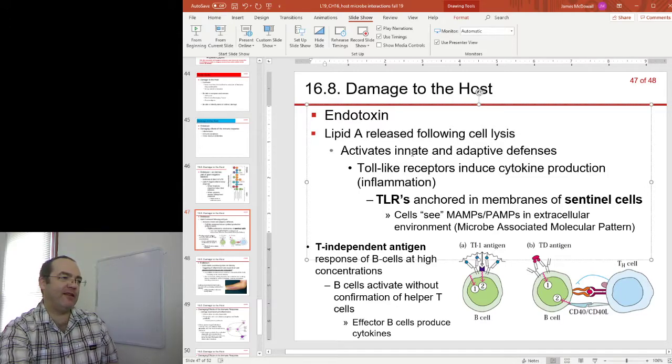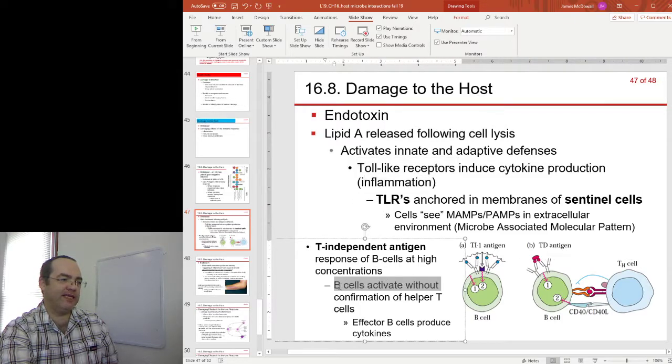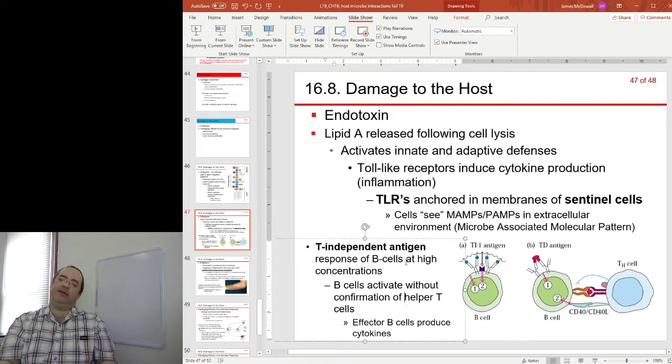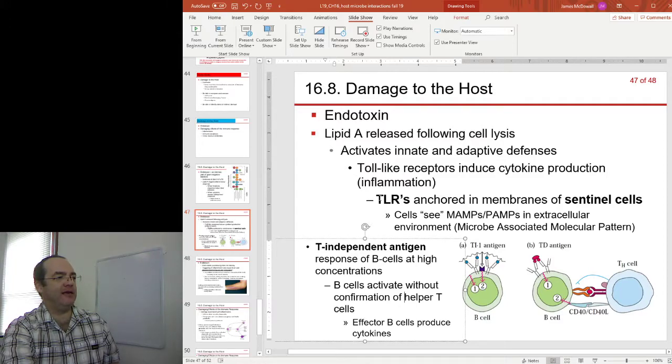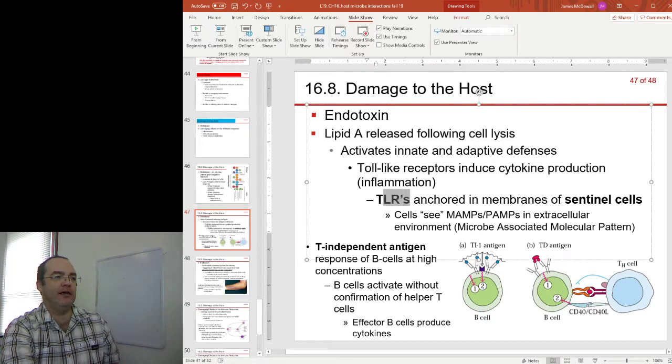This will then activate the innate and adaptive defenses. Toll-like receptors will recognize it and trigger inflammation. And we also had B cells activating without T cells via the T-independent system. So again, recall things like toll-like receptors, TLRs, in membranes of sentinel cells.